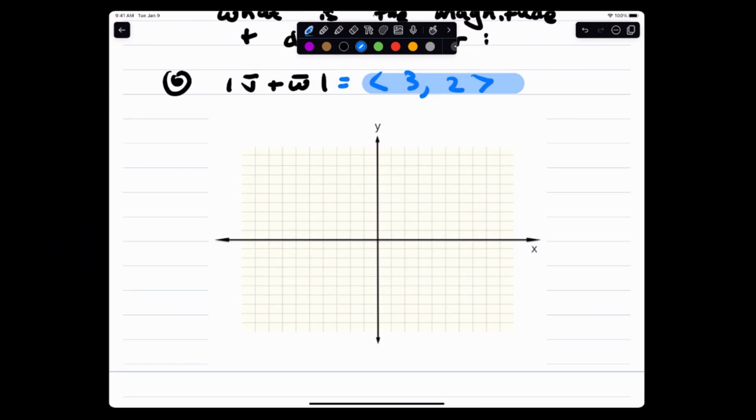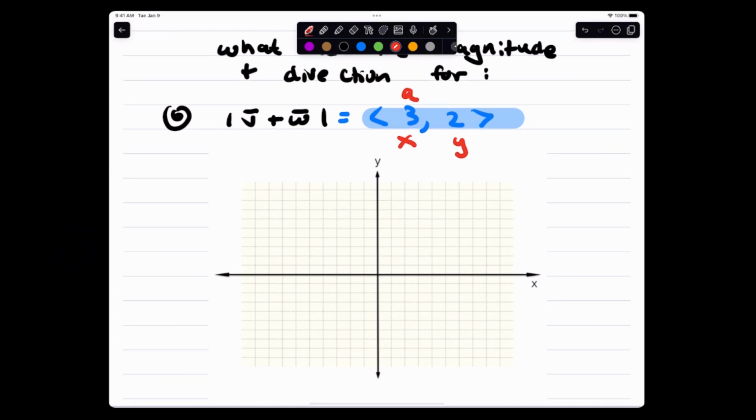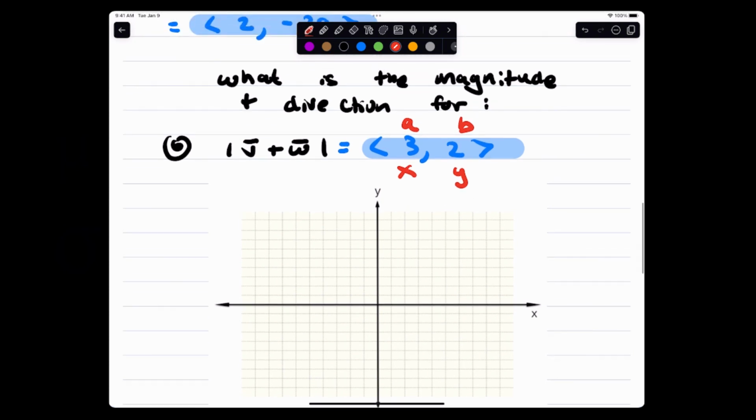What I want you guys to know here is that this is like the x-coordinate and the y-coordinate on your Cartesian coordinate system in the graph. They didn't say graph this, but I want to show you guys the vector. So when you see this, this is thought of like yesterday as your A value and your B value, 3, 2.